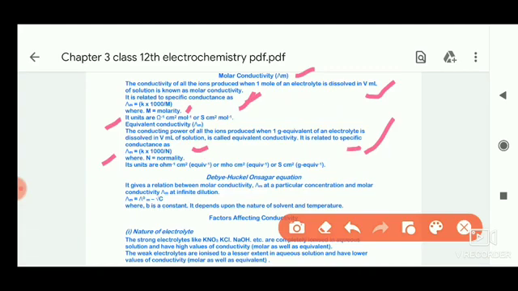Its units are ohm inverse centimeter square gram equivalent inverse, or Siemens centimeter square. Next, the Debye-Huckel-Onsager equation gives a relationship between molar conductivity lambda m at a particular concentration and molar conductivity lambda m naught at infinite dilution.